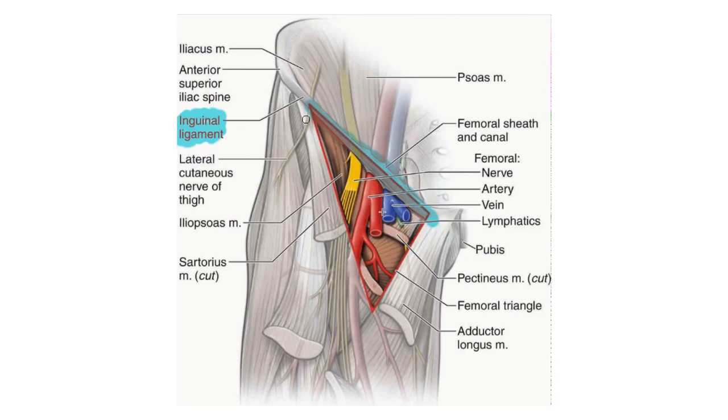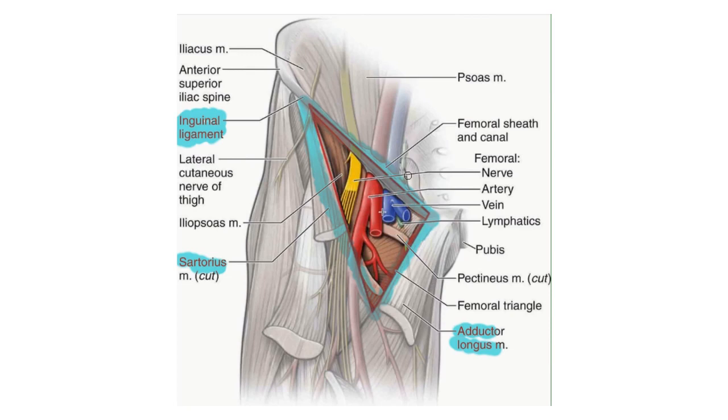Now, the other two boundaries of this triangle are formed by two muscles. The lateral boundary is formed by the sartorius muscle. This boundary is formed by the sartorius muscle. And the second boundary, the medial boundary, is formed by the adductor longus muscle.